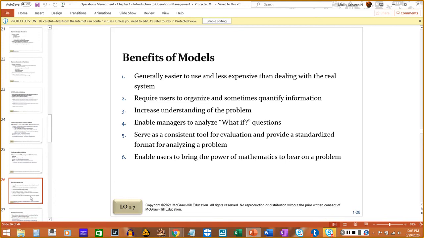Two, it requires users to organize and sometimes quantify information, which is used to gain insight and makes understanding products easier. Three, with a model, a business may understand a customer's problem better, so it increases their understanding of a problem.